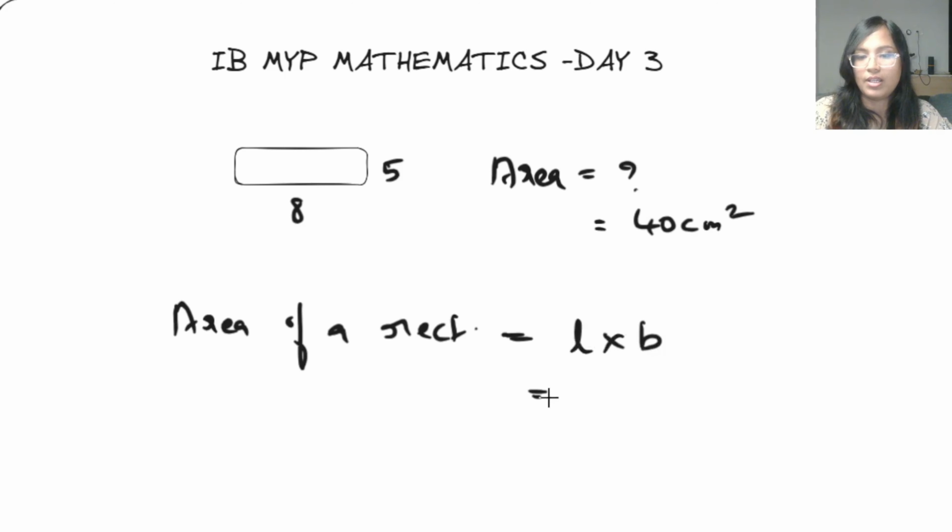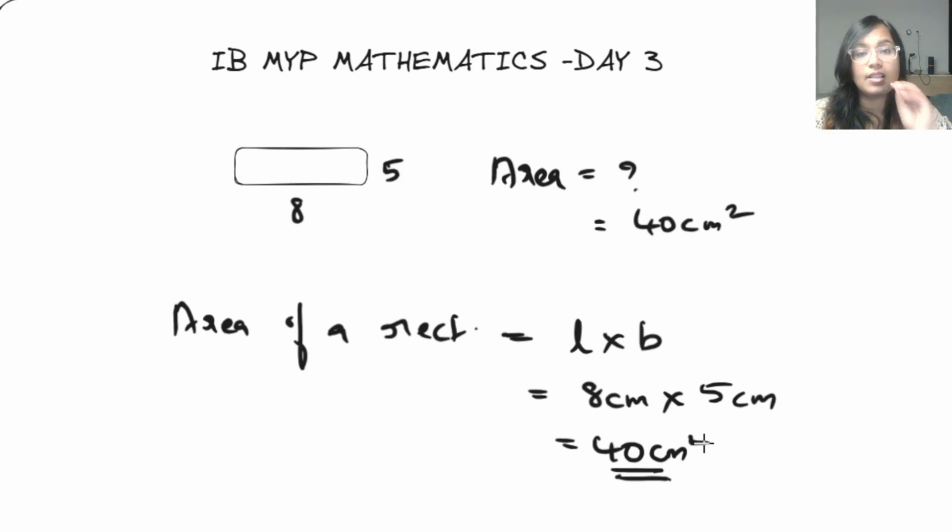So here length is equal to 8 cm and breadth is equal to 5 cm, so the area is 40 cm squared. Now anyone reading your work will understand your thinking, how you got the answer. This is very important here.